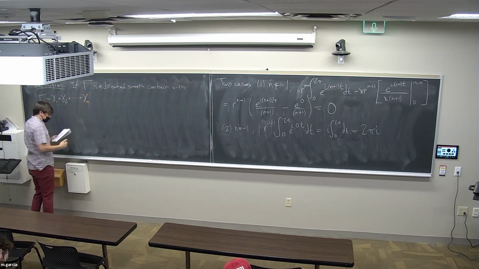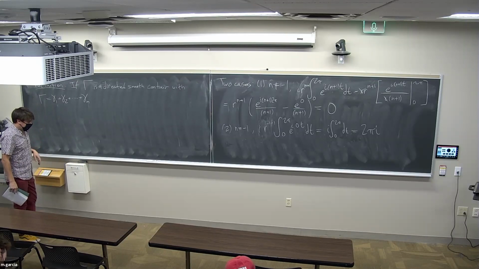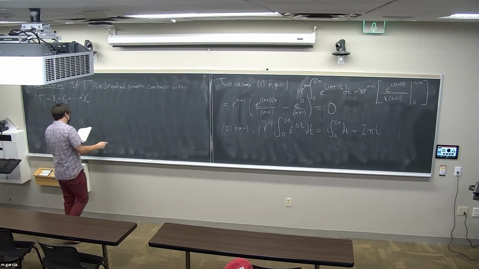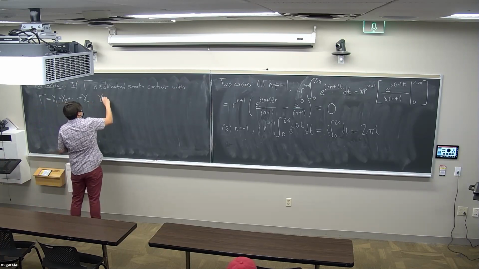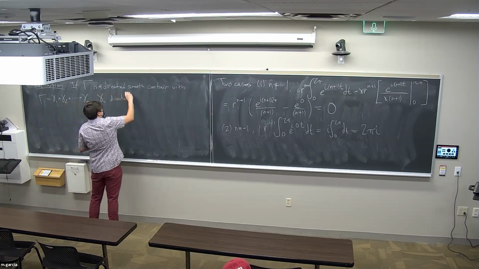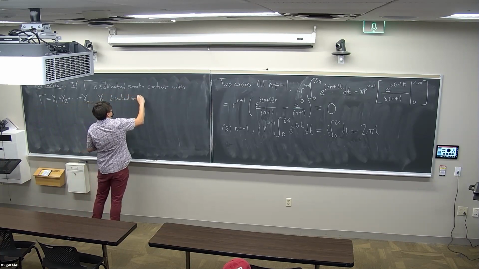Let's say it has n directed smooth curves as pieces, each gamma i a directed smooth curve.